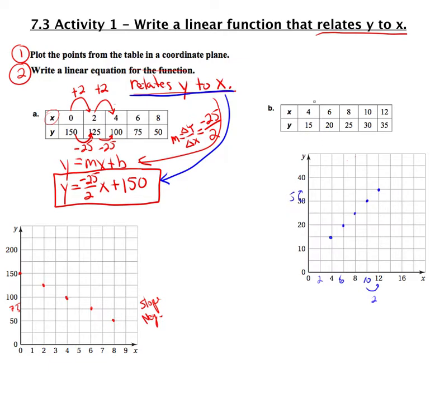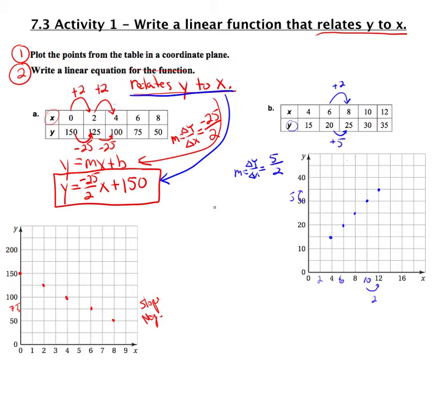And it actually is a lot easier to see that here in our table. So when we go to our table, we have plus 5, plus 5 and plus 2. So my slope, which is the change in y over the change in x, equals 5 over 2.